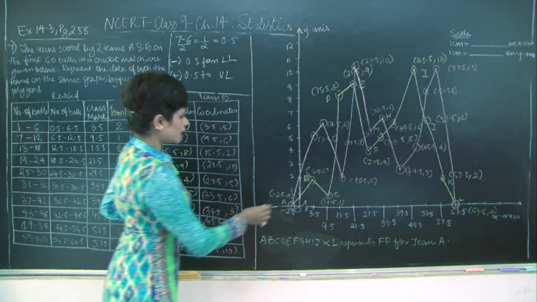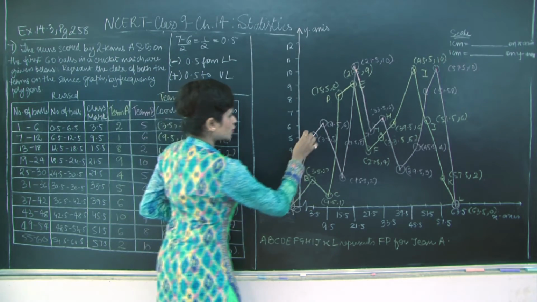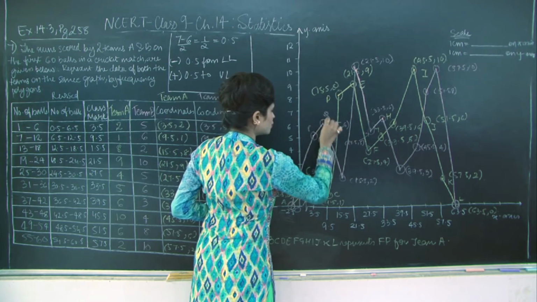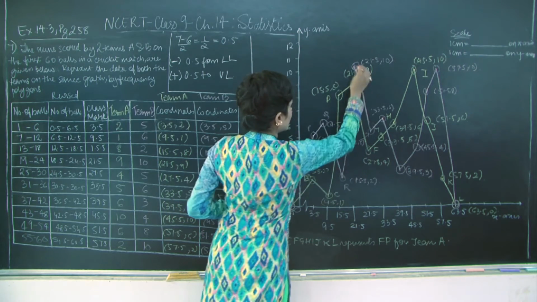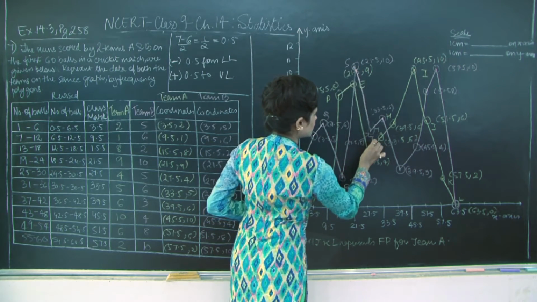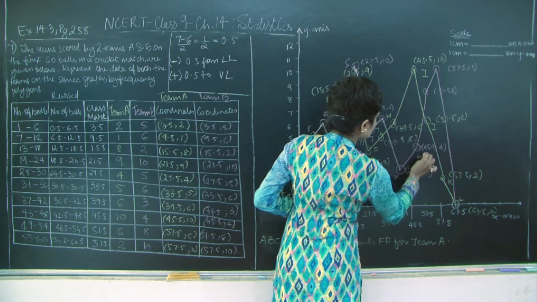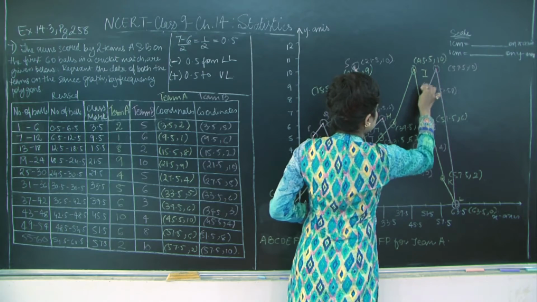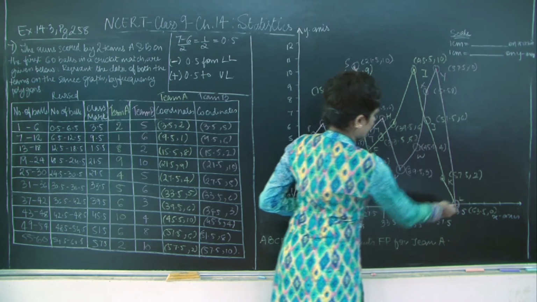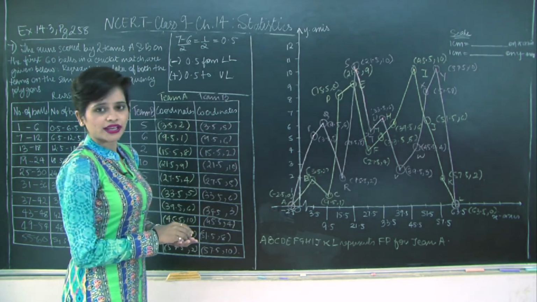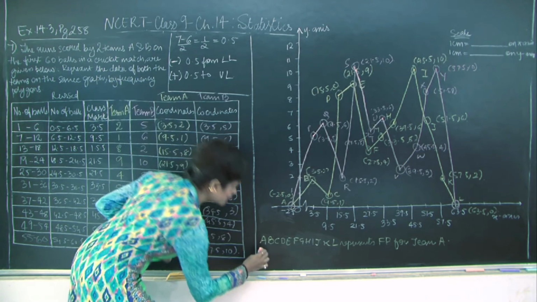Let's write this down. Again, I'm going to give it a name. So P, Q, R, S, T, U, V, W, X, Y, and L. So let's write down the name of the frequency polygon.